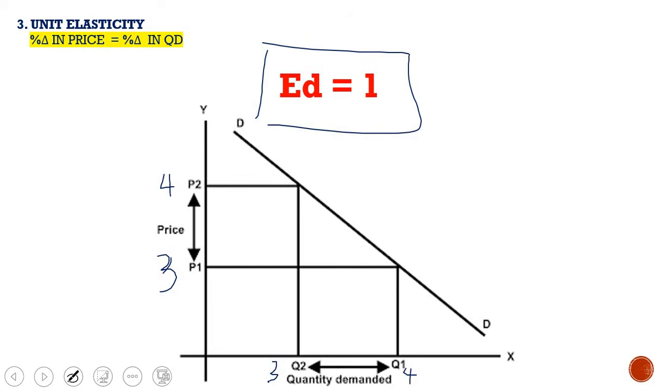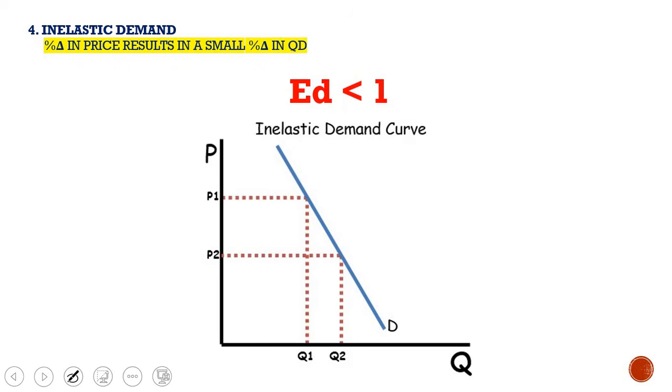Can you see that if you say 4 minus 3, you're going to get 1, and again 4 minus 3, you're going to get 1? So you're going to get an answer of 1.